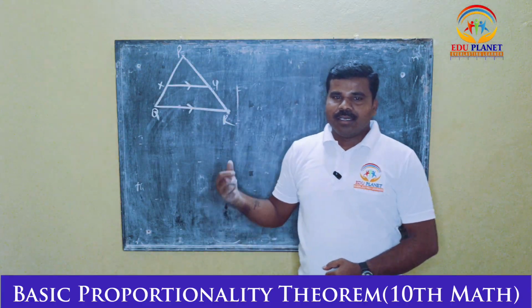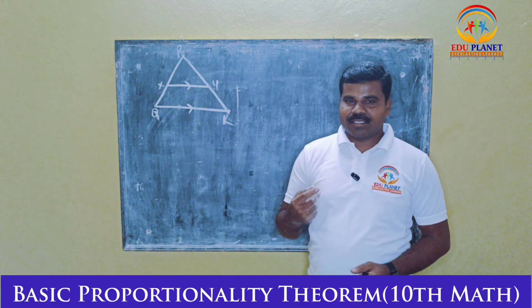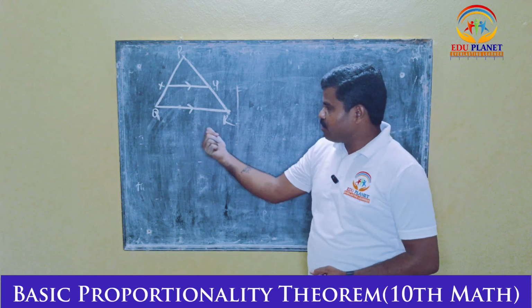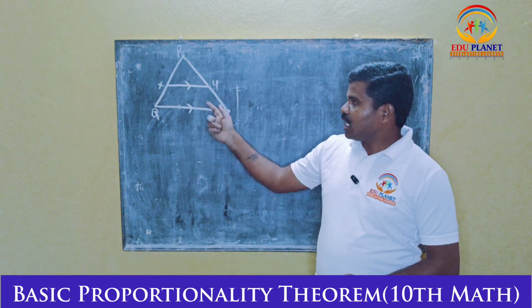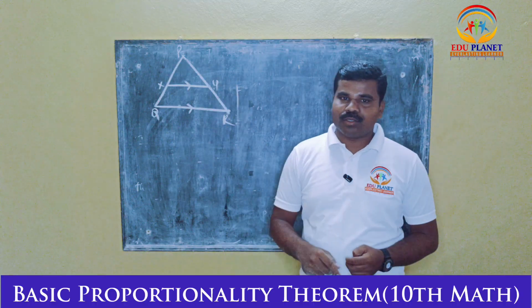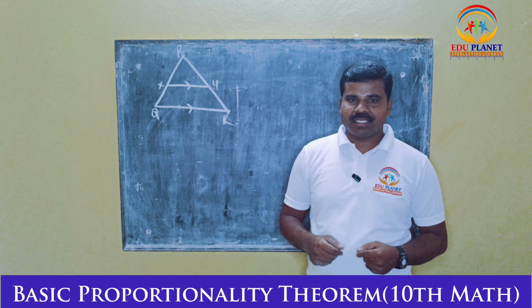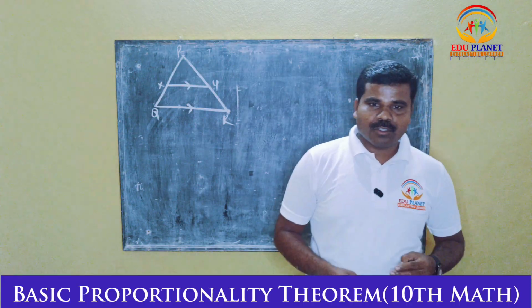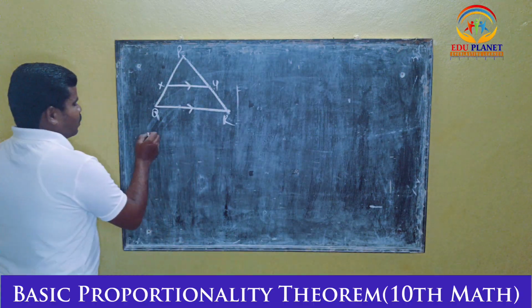See dears, as of now, I told you two kinds of instances. In this triangle PQR, to any one side QR, if I draw the parallel line, that parallel line will divide the remaining two sides into equal ratio. This is our Thales theorem. It is nothing but the basic proportionality theorem. So, what were those two instances I explained to you? Here I am going to mention.